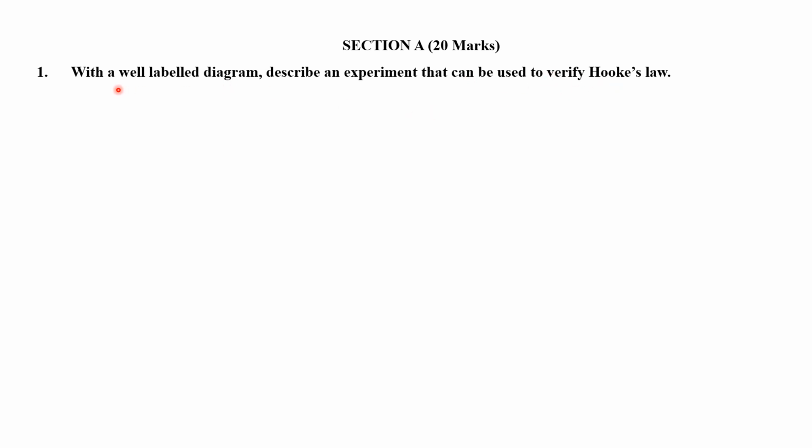All right, so the examiner is assuming already that you know what Hooke's law states, because unless you know what Hooke's law states, it will be difficult for you to describe this experiment.